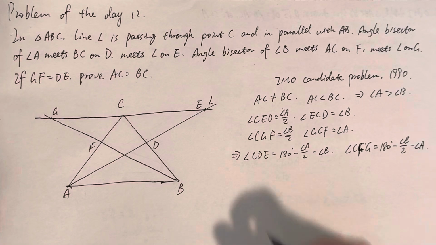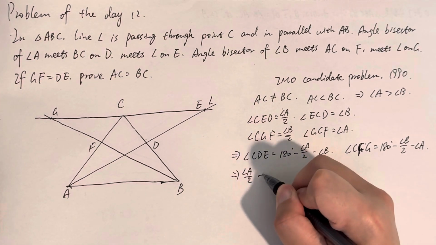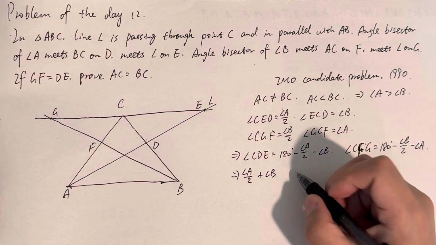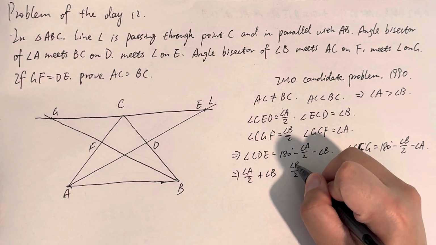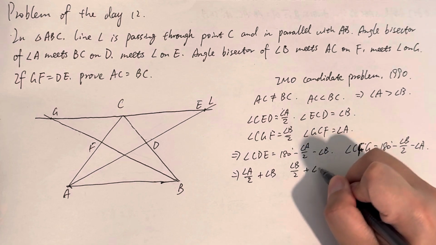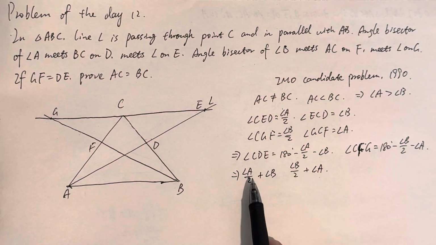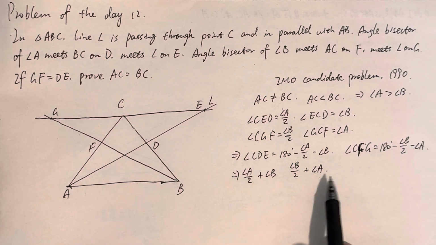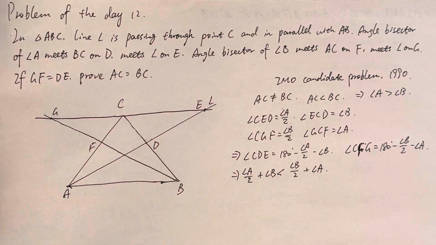That means half of angle A plus angle B, and we're comparing with half of angle B plus angle A, right? Because angle A is larger than angle B, that means this one is larger than this one, right?